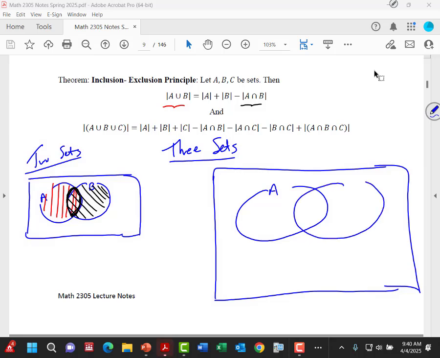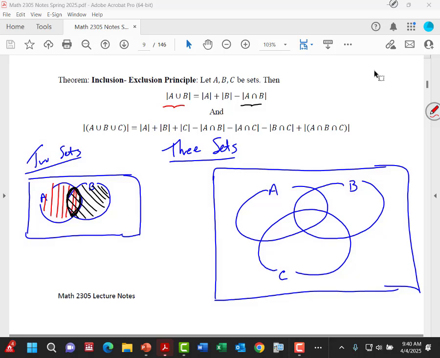So set A, set B, and set C. And so what this is trying to say right here is A union B union C, so that's A or B or C, equals the number in A plus the number in B plus the number in C. But then I have to subtract out the pairwise intersections of each of the 2 sets.